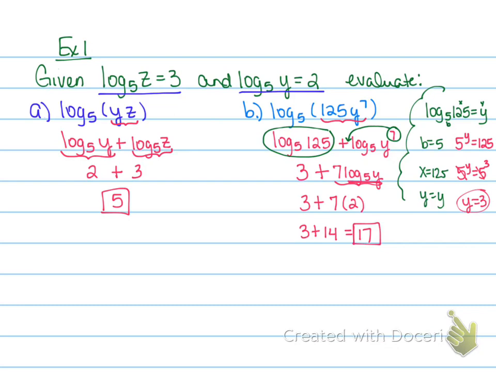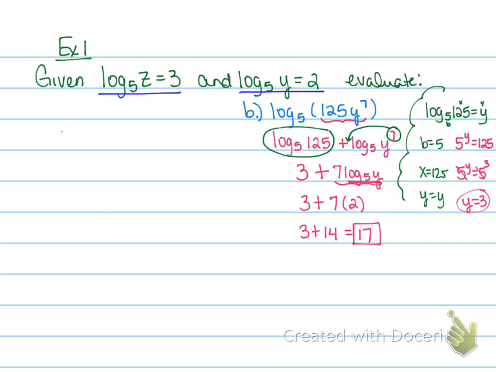Alright, using the same direction, I'm going to move on to C. So I'm going to erase what I've got here. I'll do C right there. So C said we're going to take log base 5 of the square root of z divided by y. Well, the first thing is, remember we had talked about that the square root is the same as writing it to the 1/2.